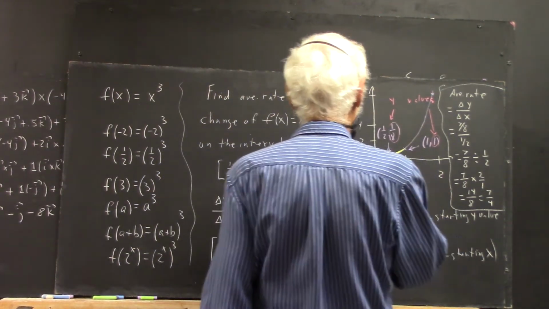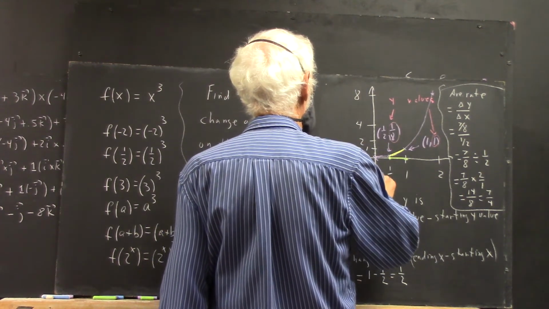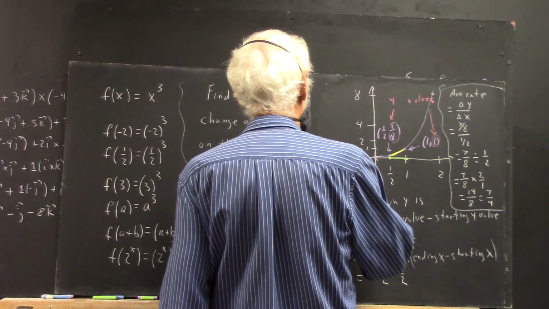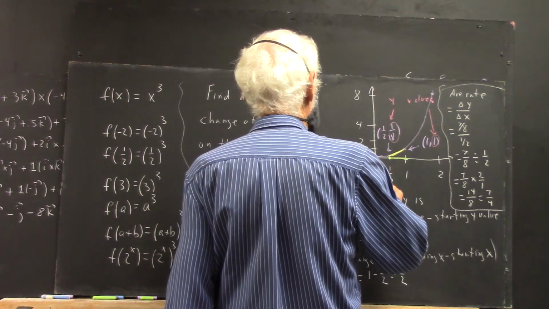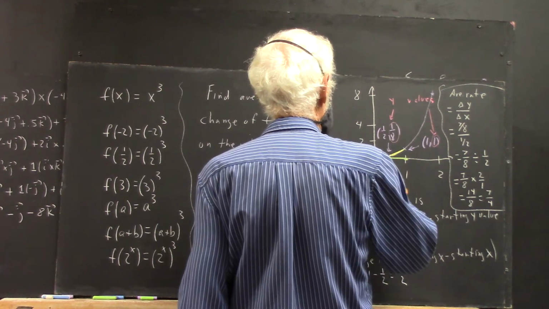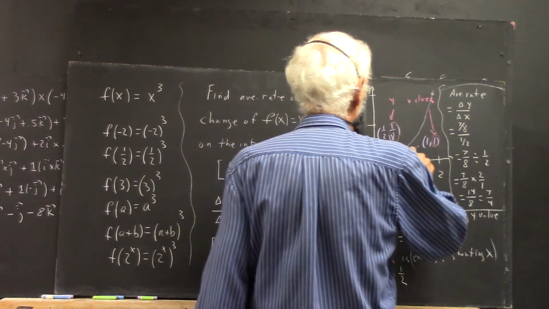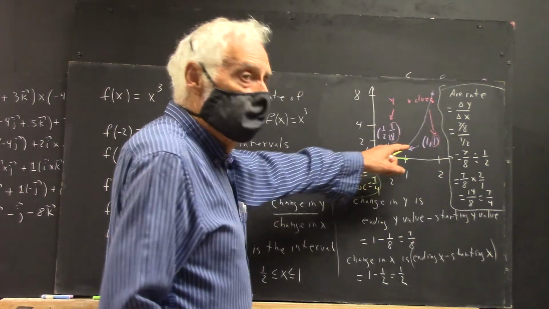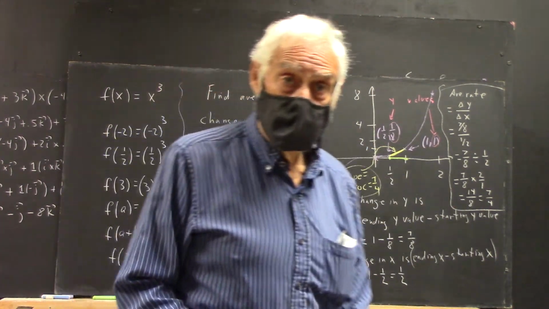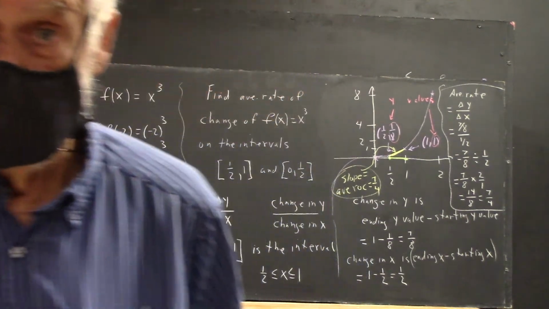So the slope is the average rate of change, which is 7/4. That's the slope of this line segment that joins the 2 points. Those are the things you really need to understand about the average rate of change.